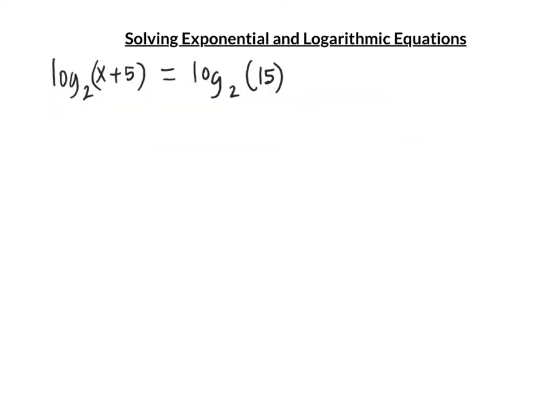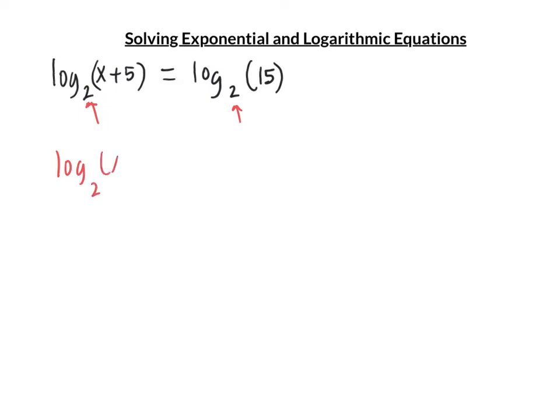A log equation, like the log base 2 of x plus 5 equals the log base 2 of 15, in the same way, as long as the bases are the same, this turns out to be fairly simple to solve. But if you weren't paying attention, you might use the log rules.